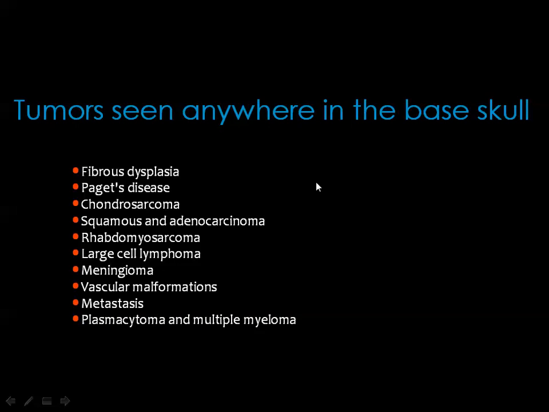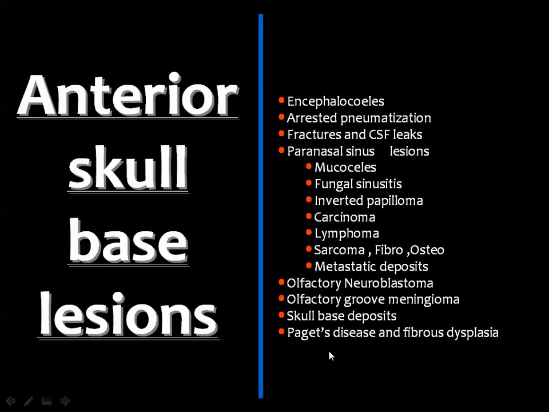And we will also show examples of these lesions whenever we handle any of the three components of the skull base: fibrous dysplasia, Behçet's disease, chondrosarcoma, squamous and adenocarcinoma, rhabdomyosarcoma, lymphoma, meningioma, metastases, and the plasmacytoma, its counterpart, the multiple myeloma.